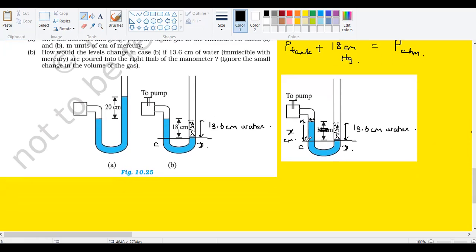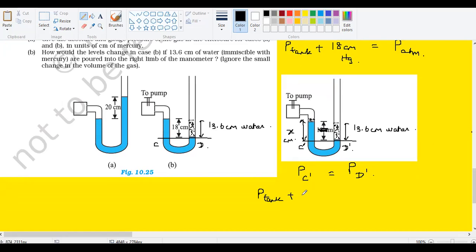Now coming back to the same concept here, let's call this C dash and D dash. Based on the property of liquids, in a given line, pressure at C dash should be equal to pressure at D dash. Who is pressing on top of C dash? Pressure in the tank plus pressure due to this mercury column, which I told you is not 18 centimeter anymore.